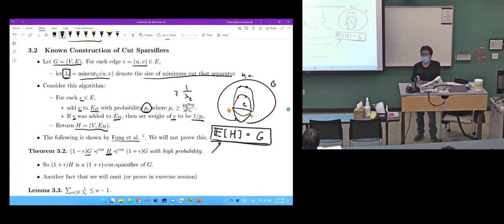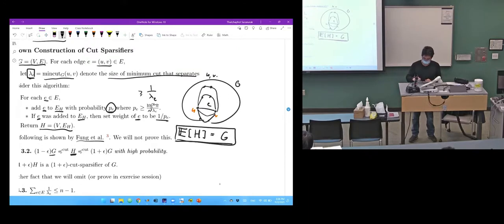So every cut size in H will also be about equal to that in G. Look at each cut: every edge in the cut contributes exactly 1 in expectation.